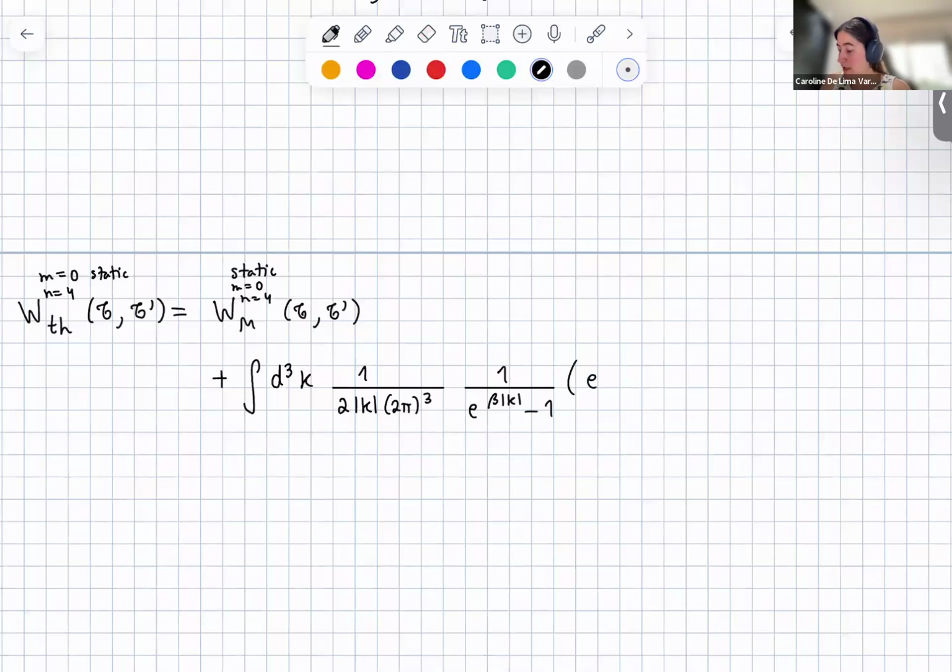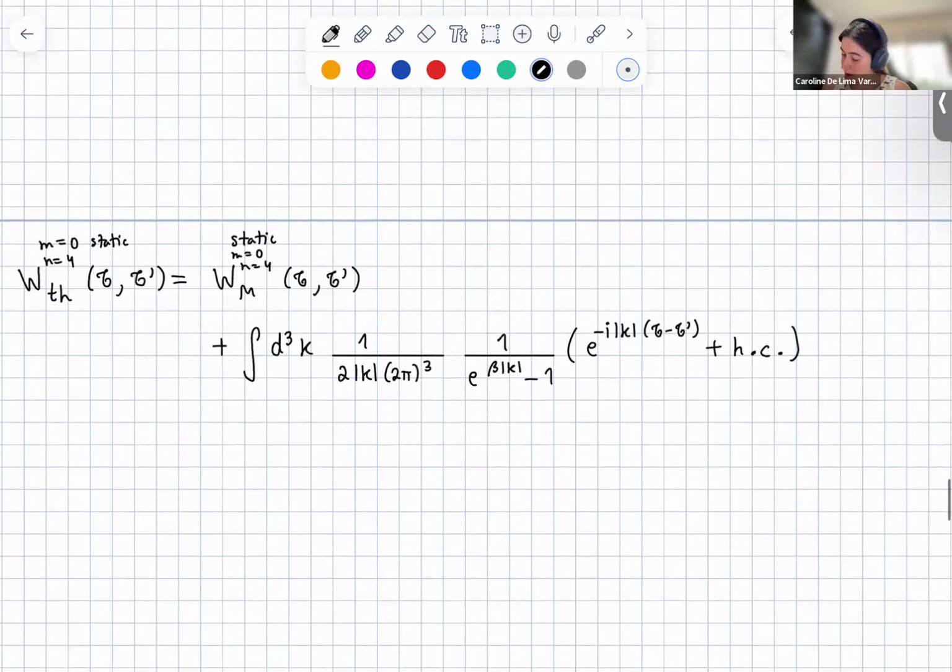And then when we plug in the static trajectory, we're going to get e to the minus i k times tau minus tau prime. For the spatial part, we don't have anything, it's going to vanish. So it's going to be this plus the Hermitian conjugate.